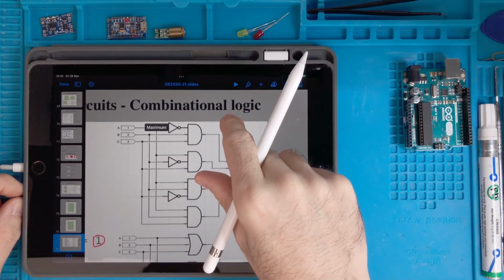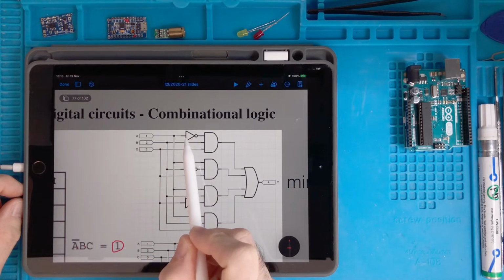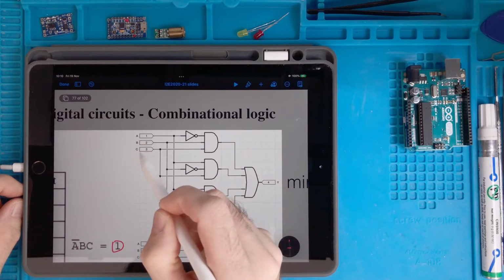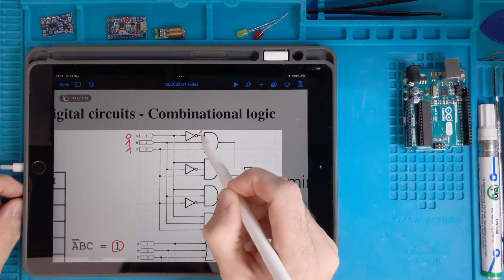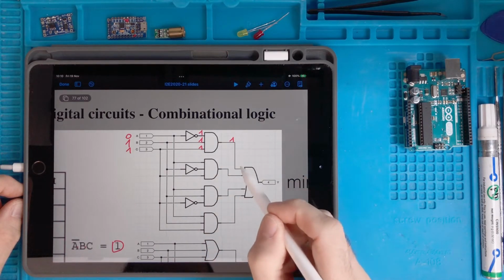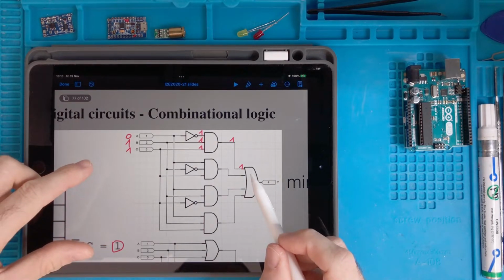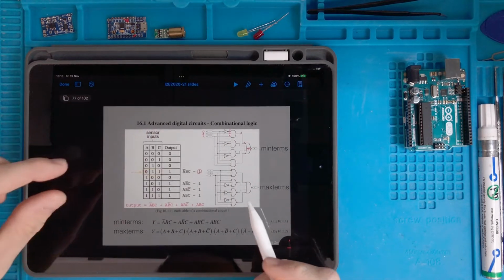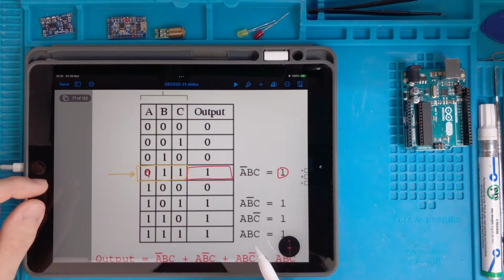So this is what is done here. The A input passes through a NOT gate. So when A, B and C have a value 0, 1, 1, here we will have 1, 1, 1, here we will have 1, and this is the 1 that goes in this OR gate, corresponding to this input of the OR gate.